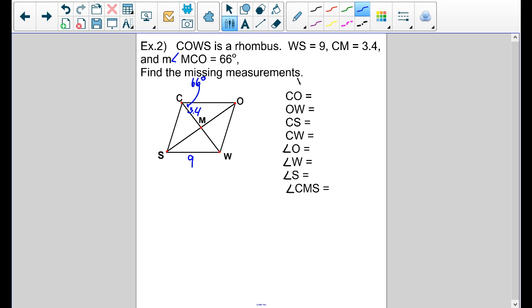Okay? So again, remember, turn back to rhombuses if you're not sure. It's right in the middle of your page. Let's start with these sides. What do I know about the sides of a rhombus?